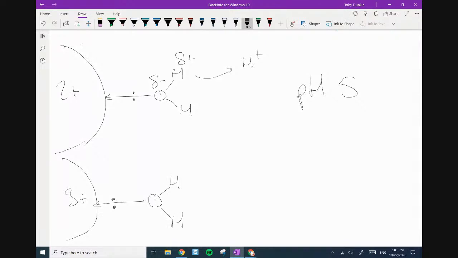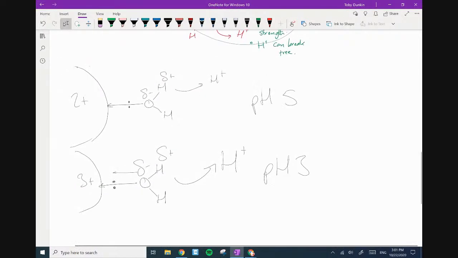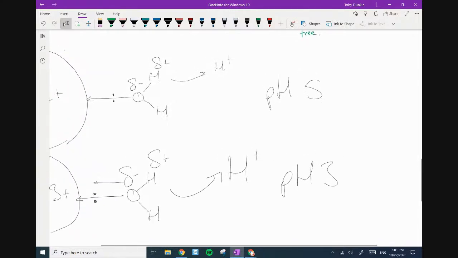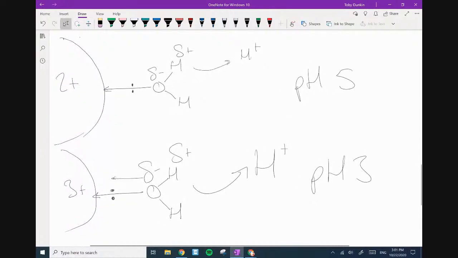The electrons are pulled way down towards the 3+, increasing the polarity even more, so more H+ can break free: pH 3. Increased charge density leads to increased polarity of the OH bond, weakening the OH bond, so more H+ breaks free. This explains why the pH of transition metal solutions is below 7.